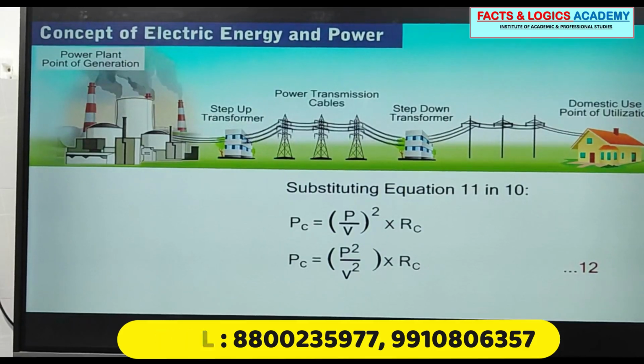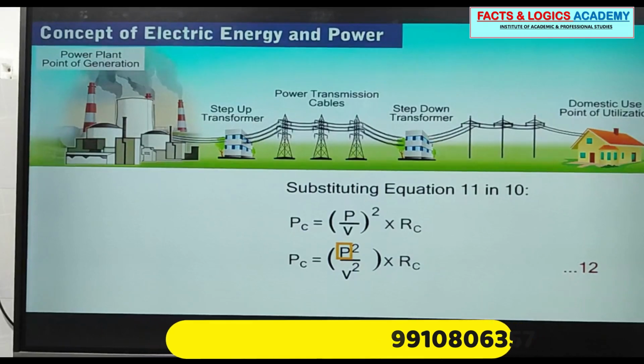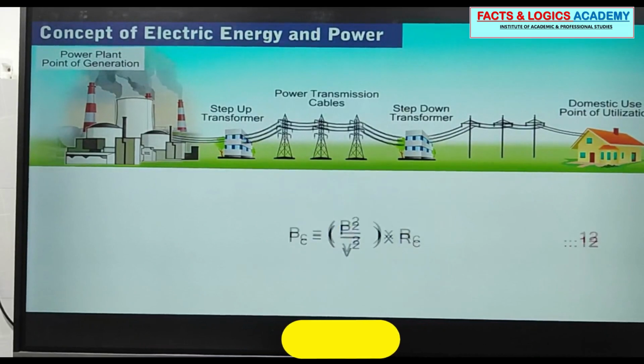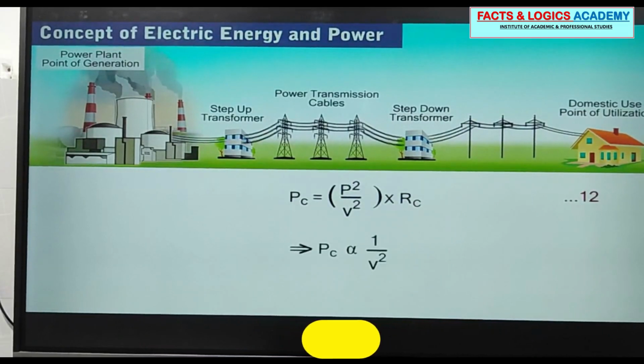In equation 12, we can say that the values of power P generated at source and the resistance Rc of the cable are constants. Therefore, it implies that the power loss by the cable Pc is inversely proportionate to the square of the voltage generated.